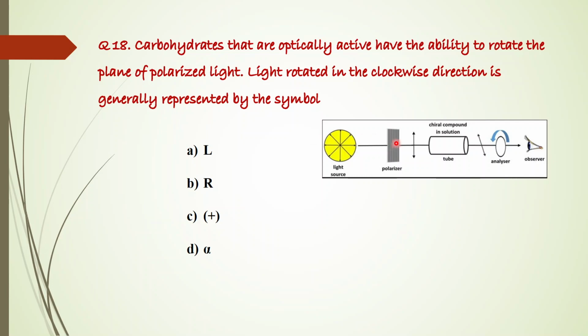Initially you cut off all other planes, but due to the molecules present here, this plane of light will again move by some degrees, depending on the structure or whatever solution you are using. The rotation of the plane polarized light will occur accordingly. I will show it in a minute. Suppose the deviation has happened. Let me draw it here. It will be easier to understand.